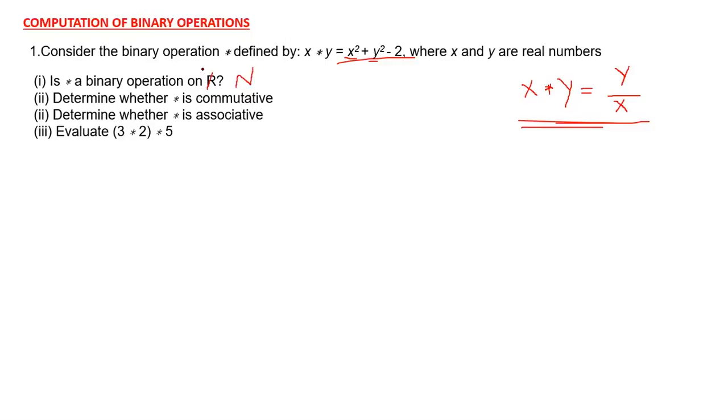So if here there was N, and then this was the question, here star would have still been a binary operation on N. Why do I say so?